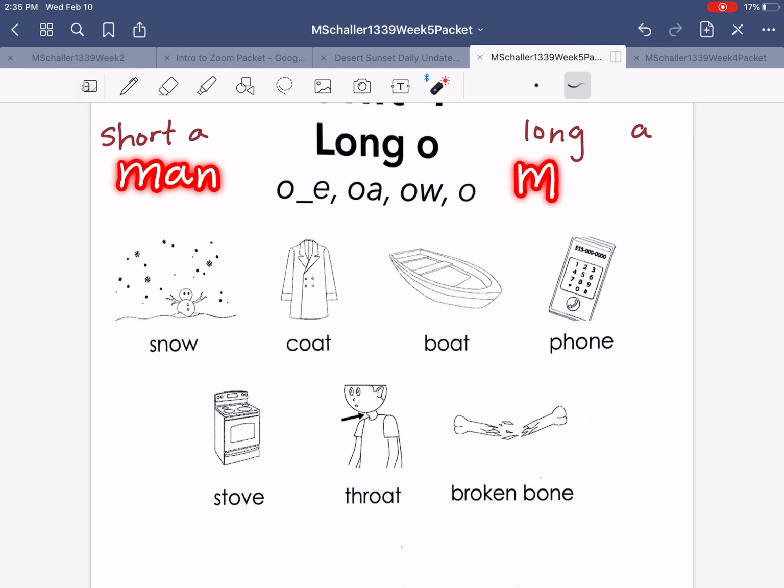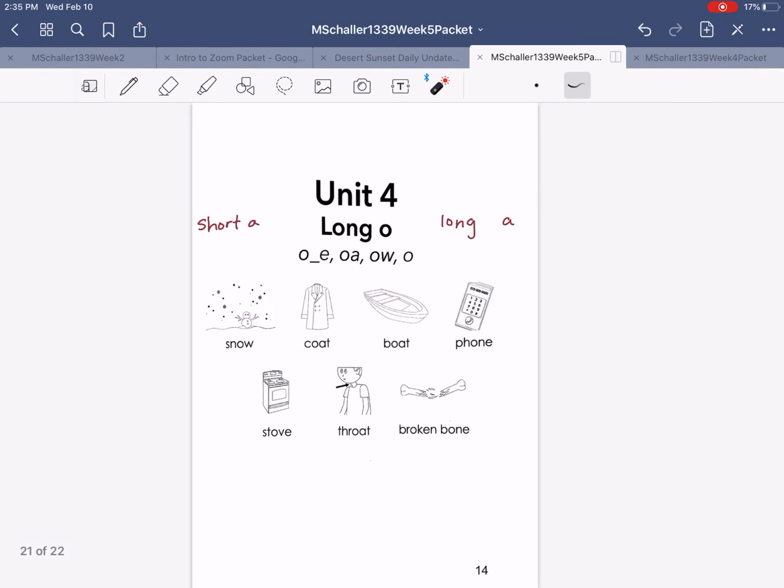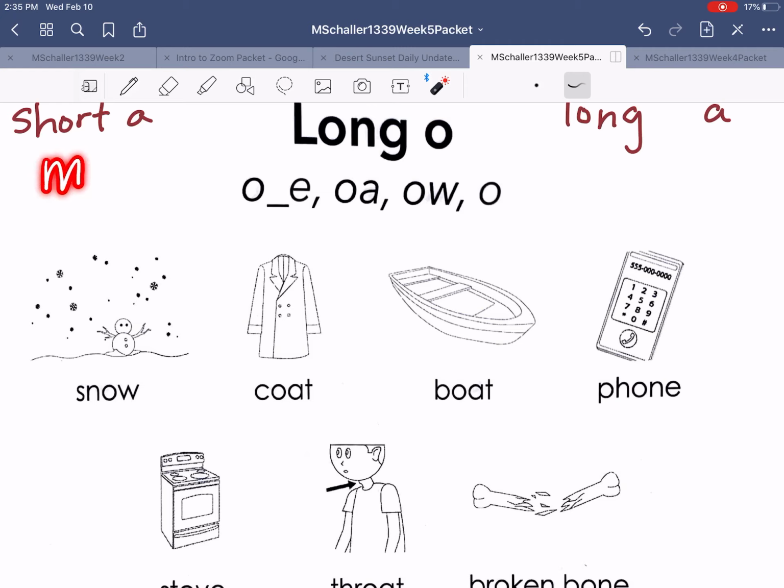Long A, you have a word like Maine. So in short A, the sound is ah, and in long A, the sound is A. Oops, that's not right. So we have man, short A, and Maine, long A.